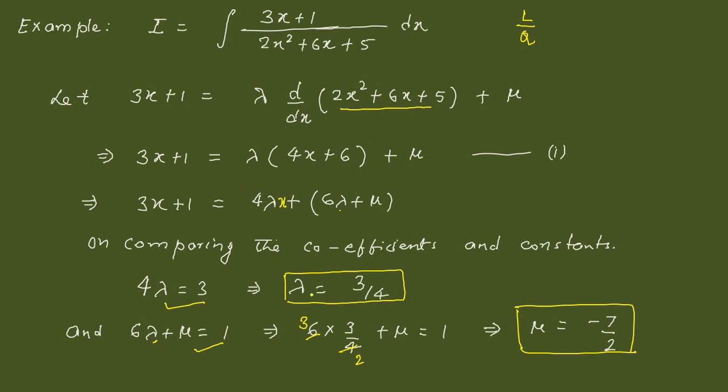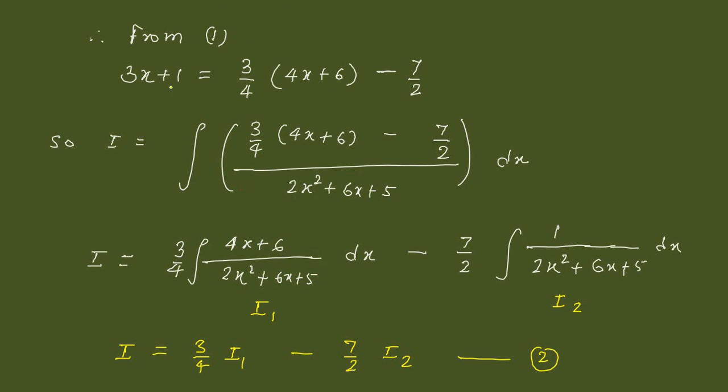So lambda and mu are known now. We can substitute them back into equation number 1, and we get 3x + 1 = 3/4 (4x + 6) - 7/2.